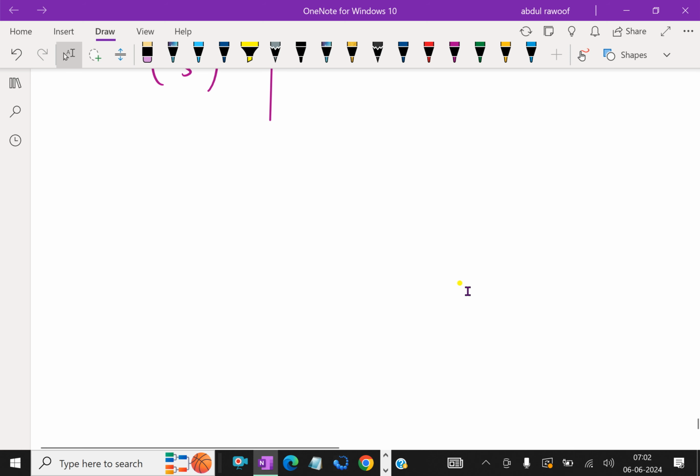Now, vector C is (4, 0). It has a horizontal component of 4 units and a vertical component of 0 units. So let us draw. This is 4 units. It is not to scale, we are just drawing roughly.